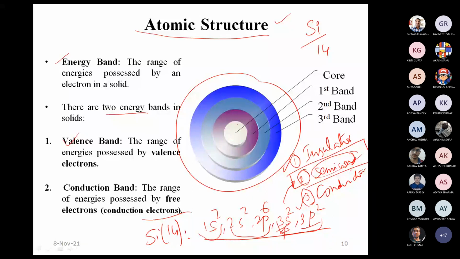The P subshell is partially filled here. So that's where we can see 2, 4, 6, 10, 14, one to 14.